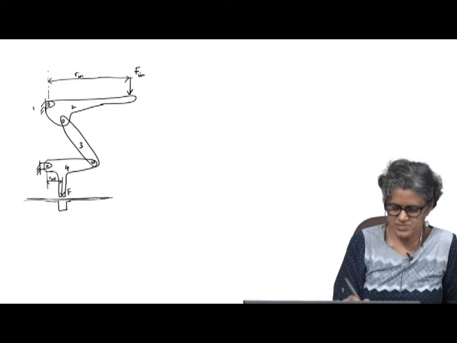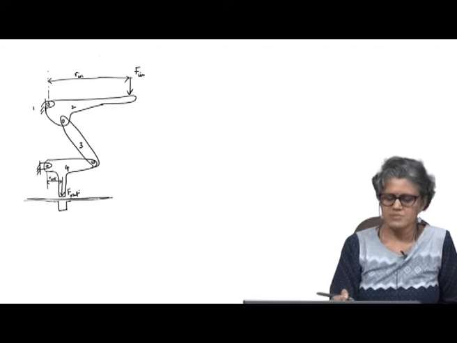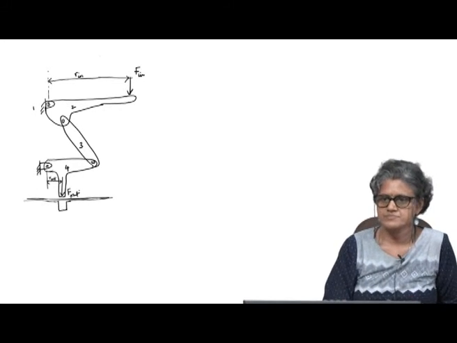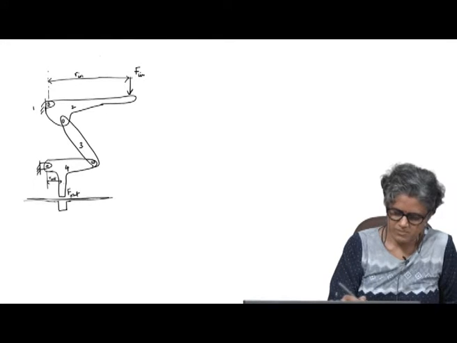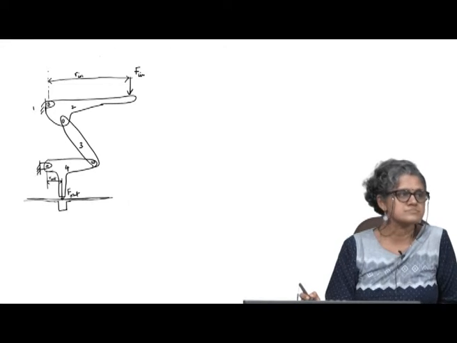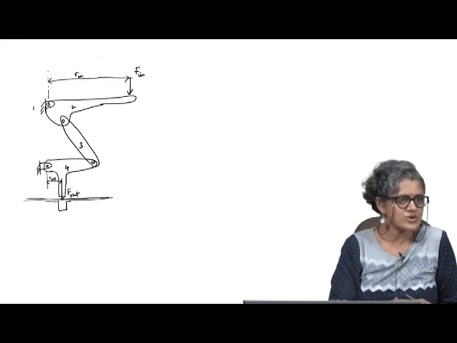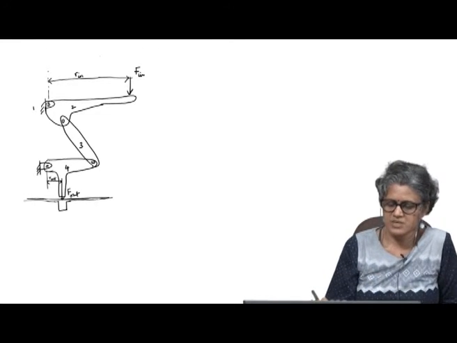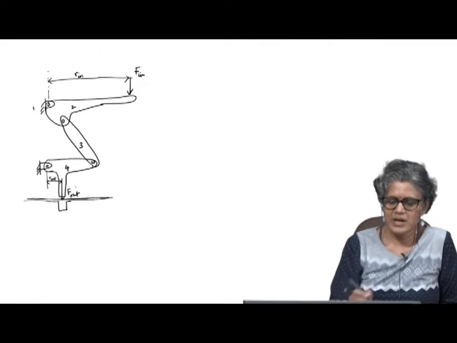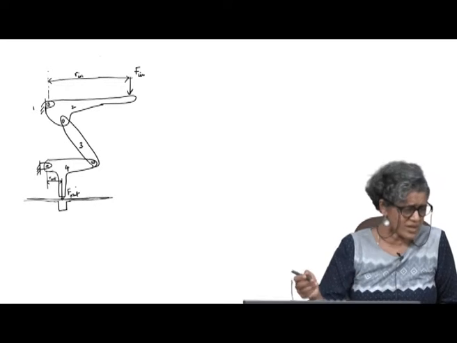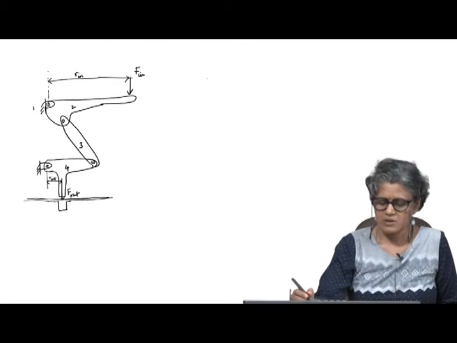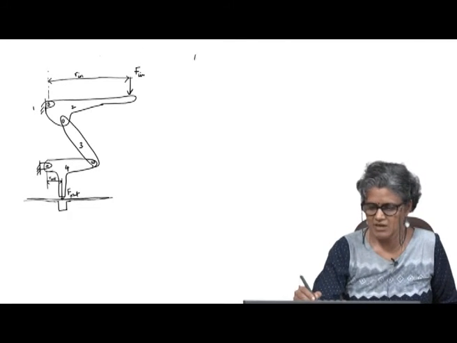So, this is F out actually. Okay. The punch is going to apply that force on the sheet, that is F out acting at a distance r out. Okay. So, now what would be F out?